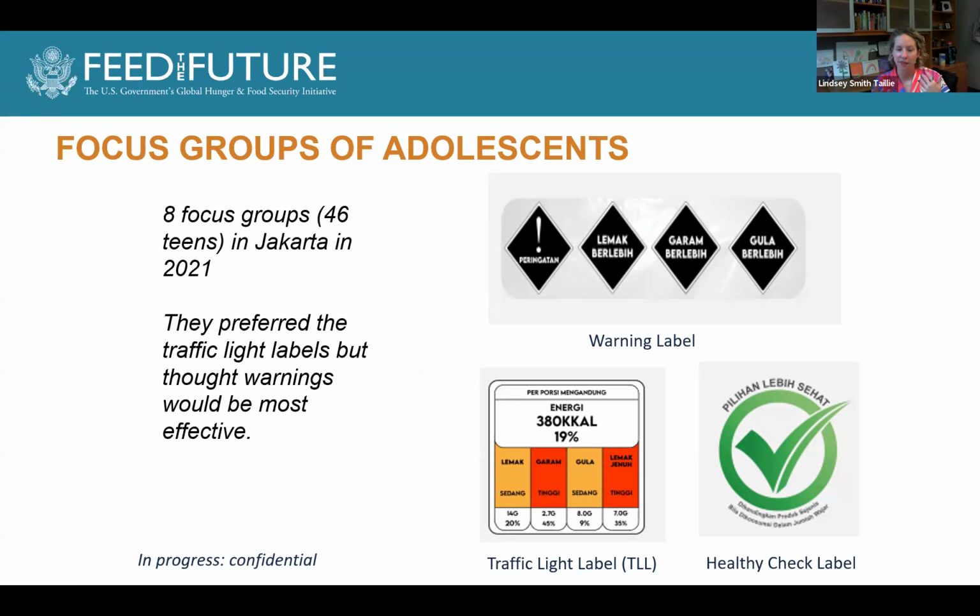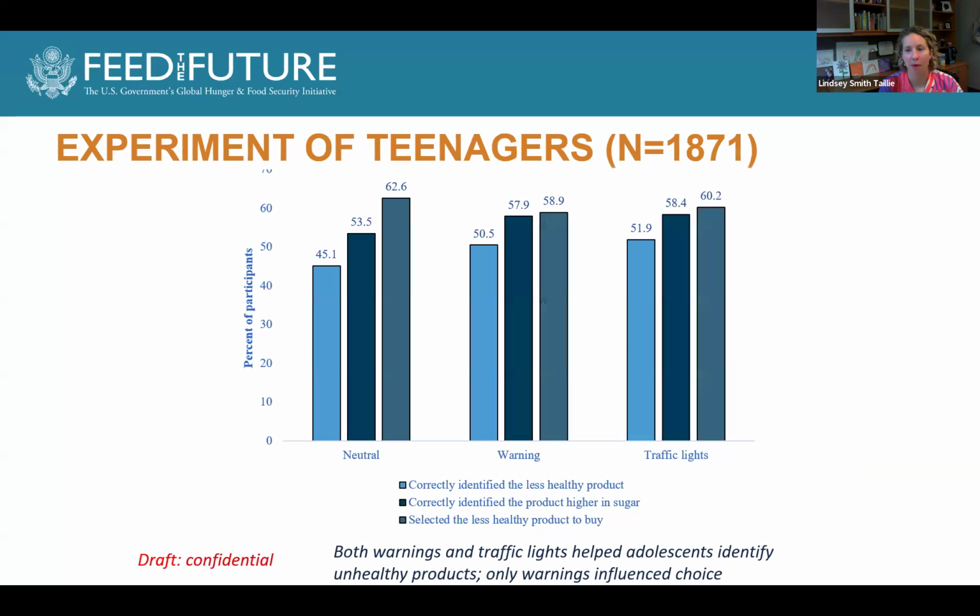So we've done these kinds of experiments in multiple countries. And what we found is that people will say, well, now I'm actually not sure because on one hand, you're telling me these two nutrients are red, but you're telling me these nutrients are yellow. Sometimes you'll have a green nutrient, which means that it's healthy on that nutrient. And so it's very conflicting and confusing, which is why the warning labels tend to perform better when we actually do these experiments.